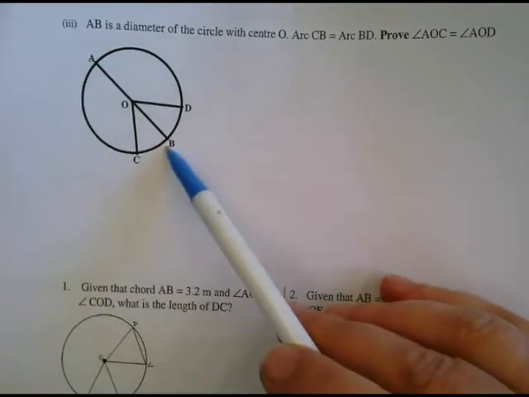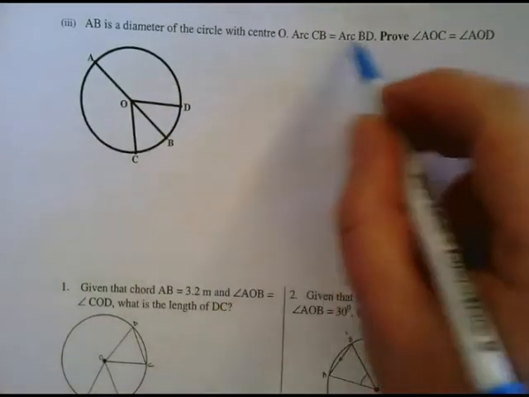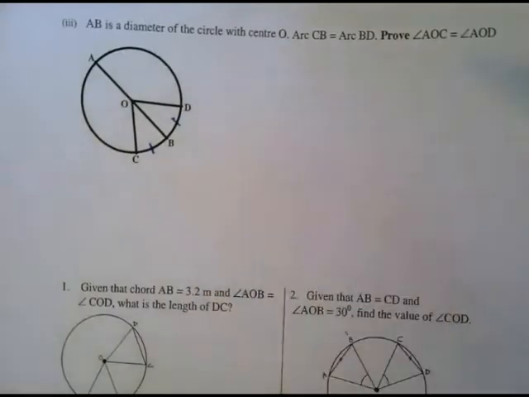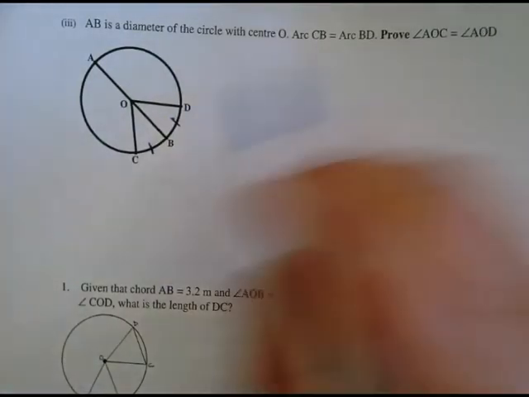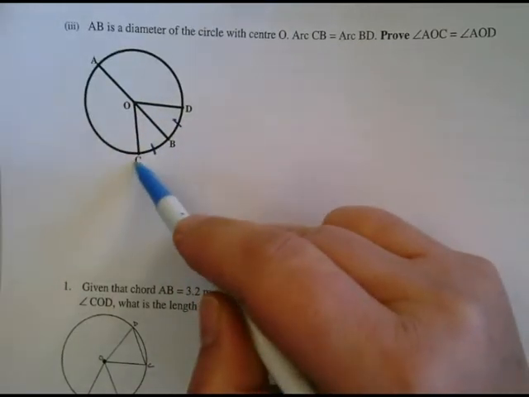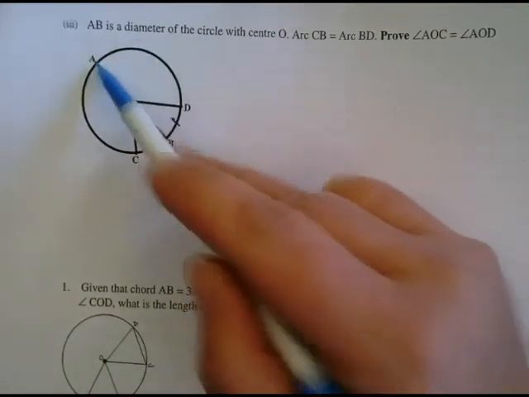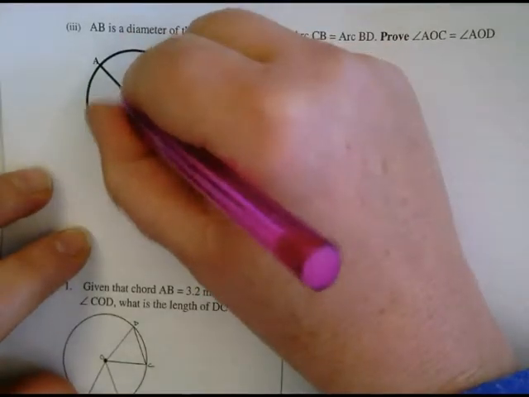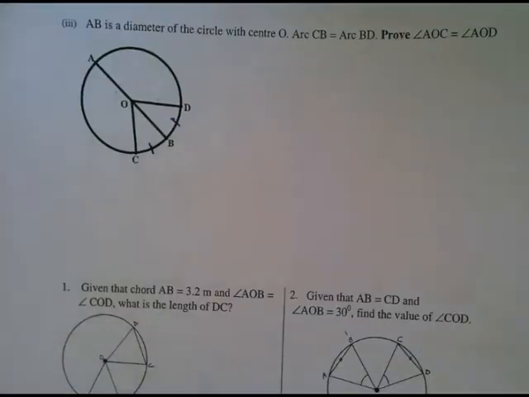Now, AB is a diameter of the circle, and we know that arc CB, so I'm going to mark it, equals arc BD. You have to prove that angle AOC is equal to angle AOD. So you're trying to prove that this angle here equals that one there. Okay.